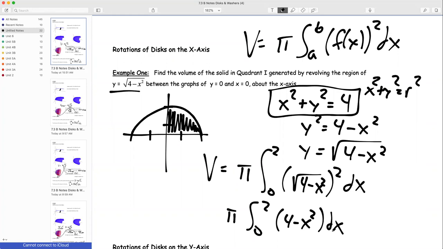That's what I got. So you should get 16 over 3 pi, or is that 16.755? This isn't that bad. This is okay.